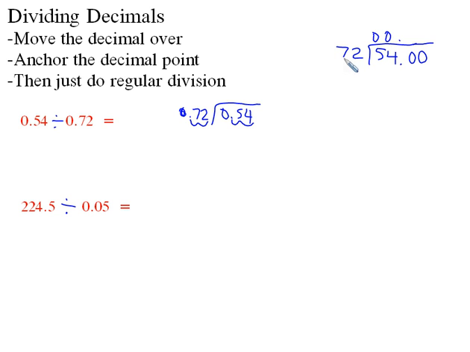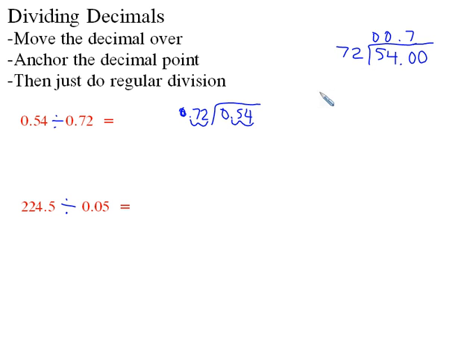So how many times does 72 go into 540? Remember, we're ignoring the decimal right now because we're just paying attention to the full number there. So let's try 7 to start with, because all I'm doing is estimating: this is about 540, this is about 70. If I know my multiplication tables, how many times does 7 go into 54?